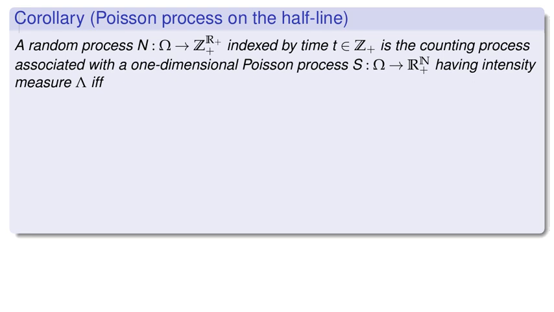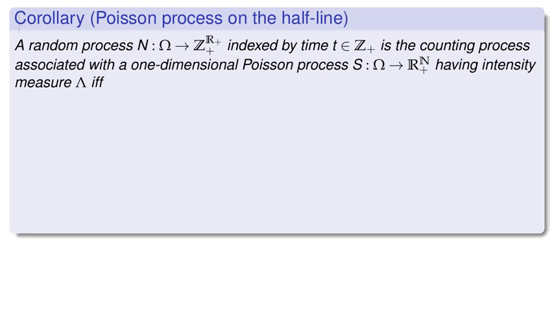thus an intensity measure, and the probability that N of A equals 0 is e to the power f of A. Since we are also given in statement 4 that expectation N of A equals lambda of A, and for a process whose void probabilities are e to the power f of A, the marginals would be Poisson with mean minus f of A, we must have minus f of A equals lambda of A. This means the marginals are Poisson with mean lambda of A, and we have CIP.